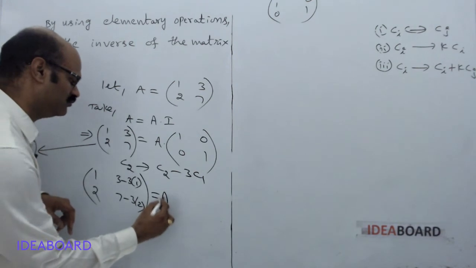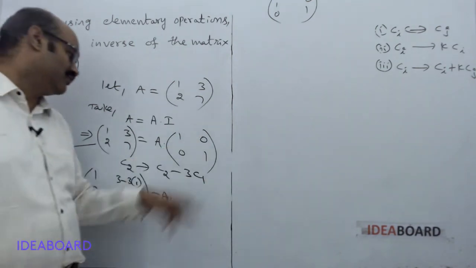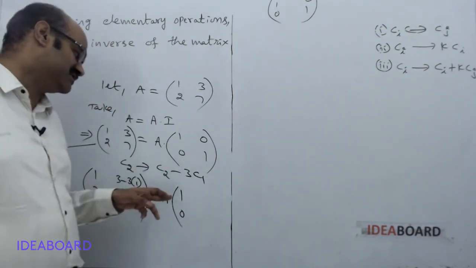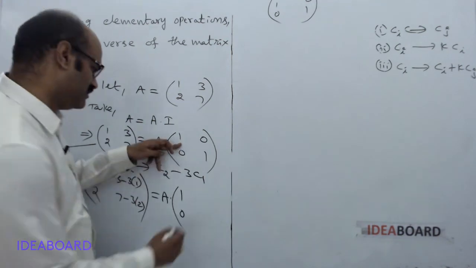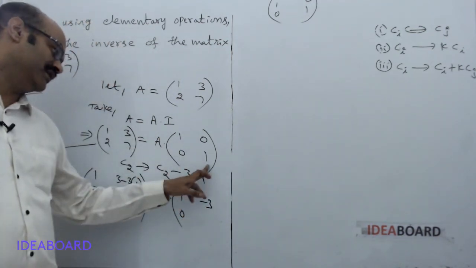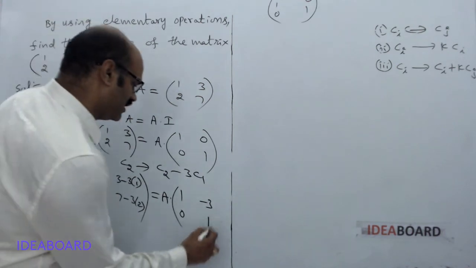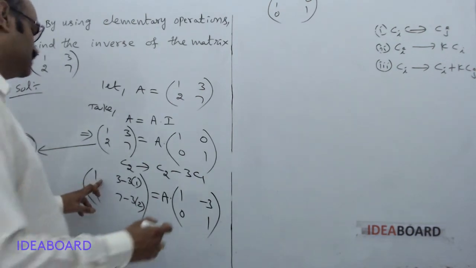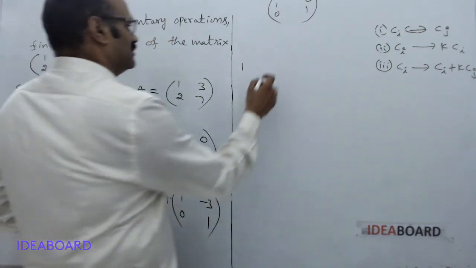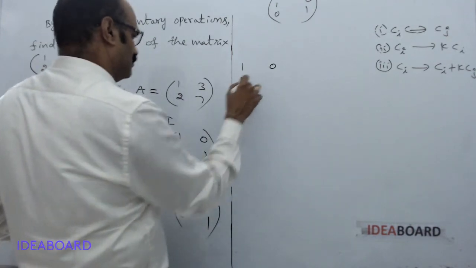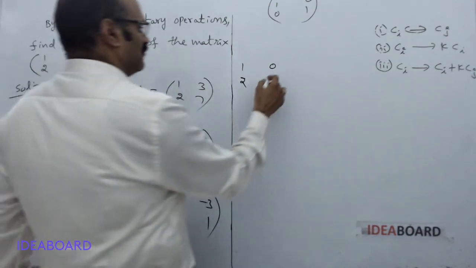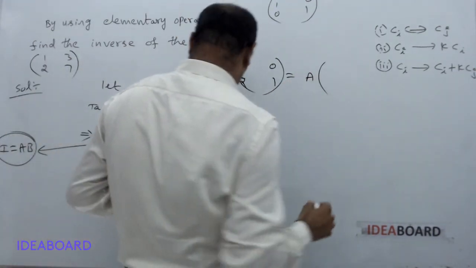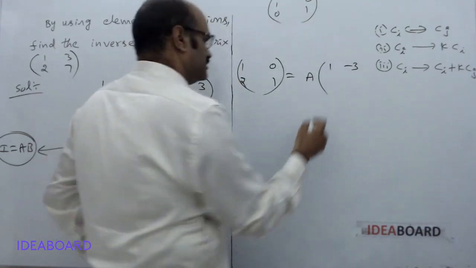Now we have to do the operation for C2 on the identity matrix too. C2 is 1, 0 and C1 is this one. 0 minus 3 into this one, minus 3. Now here 1 minus 3 into this one, 1. Therefore the given equation becomes 1, 0, 2, 7 minus 6, 1 equal to A into 1, minus 3, 0, 1.